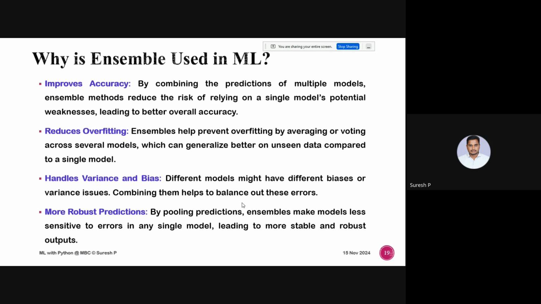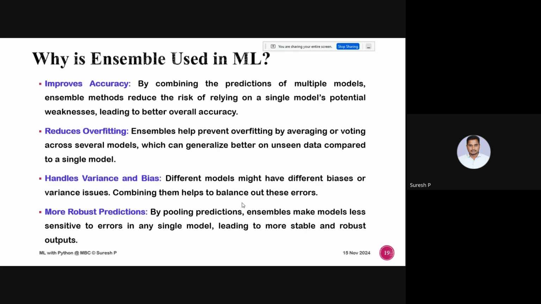To overcome that scenario, when we get predictions from multiple models, based on that we can get the outcome. If most of the models are giving some prediction, based on that we can come to a conclusion. That's why the ensemble machine learning model will improve the accuracy.